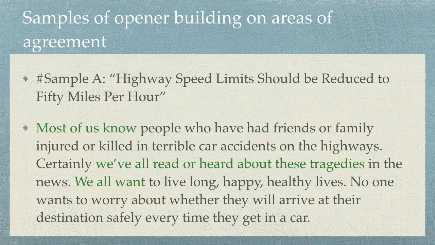Certainly, we've all read or heard about these tragedies in the news. We all want to live long, happy, healthy lives. No one wants to worry about whether they will arrive at their destination safely every time they get in a car.